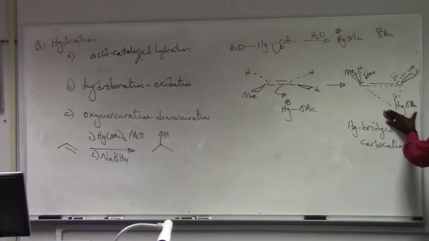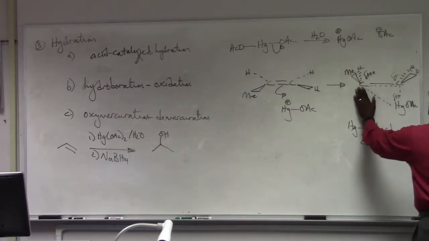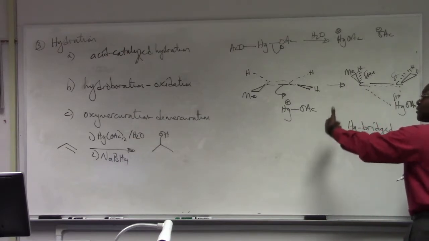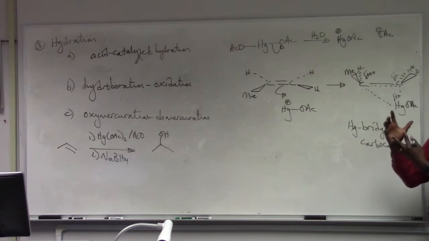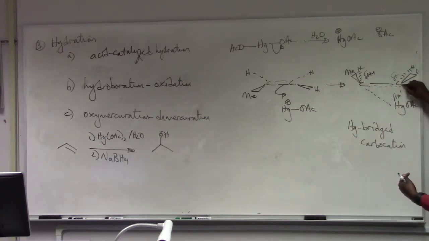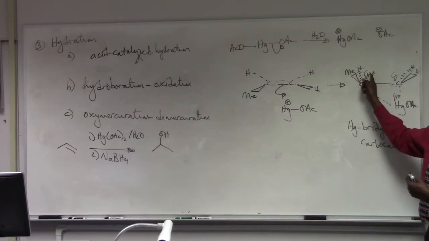So the mercury has some charge, the primary carbon has some charge, but the secondary carbon has a larger amount of the charge. So what I'm going to do is put more electron density in this carbon-mercury bond, right? Because this carbon is more adept at supporting the positive charge.